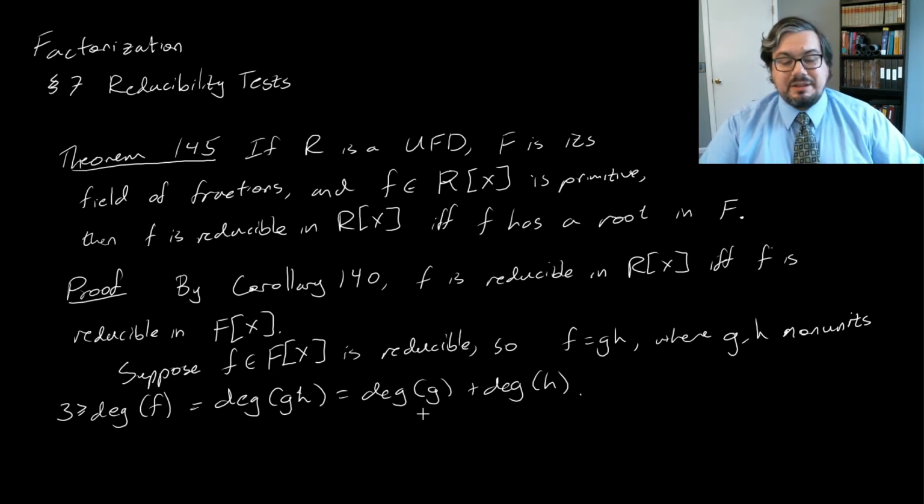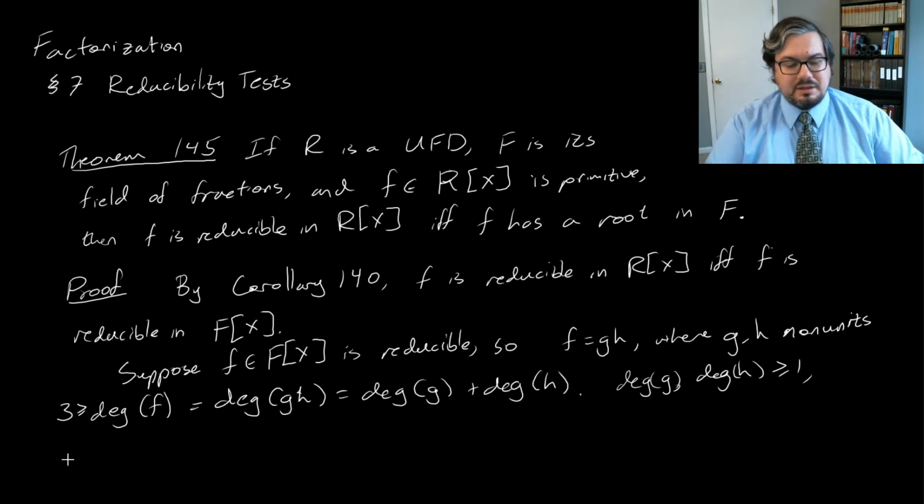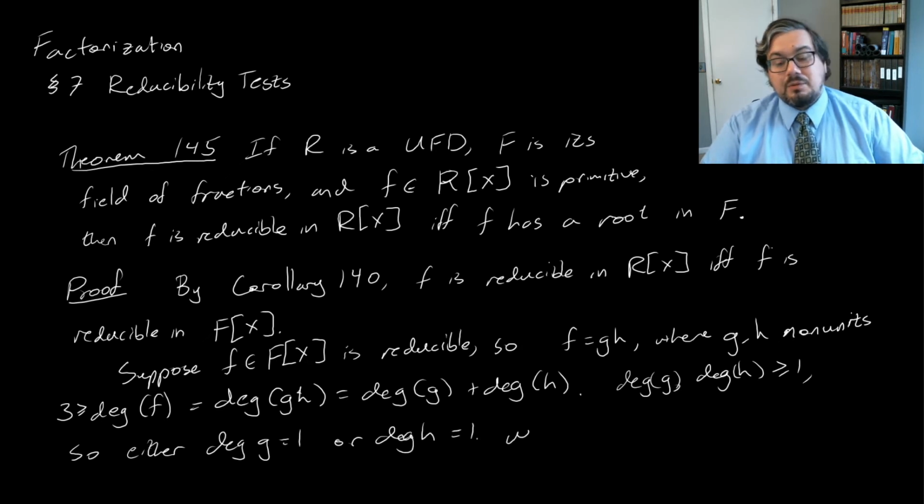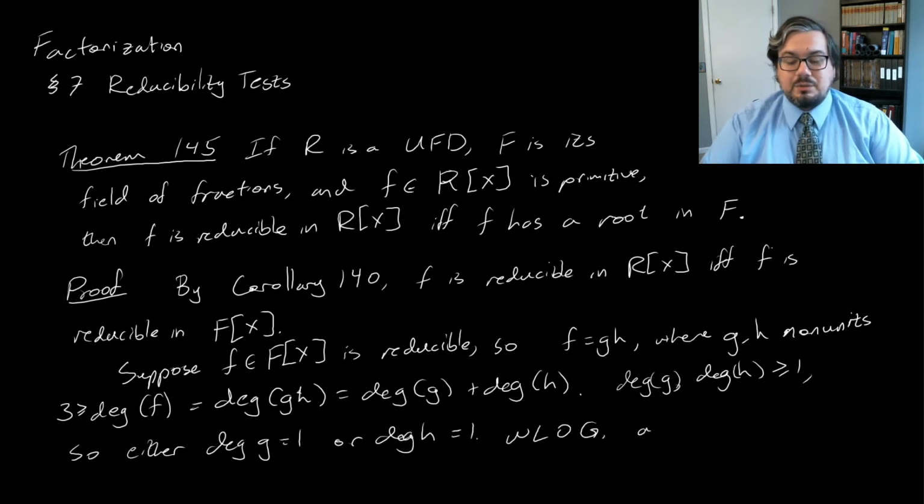And since the degree of g and the degree of h are both at least 1, and their sum is less than or equal to 3, we have that either the degree of g equals 1 or the degree of h equals 1. Without loss of generality, we may assume that the degree of g equals 1.